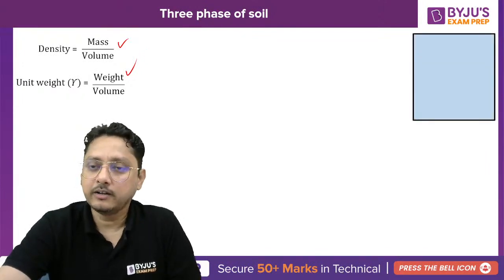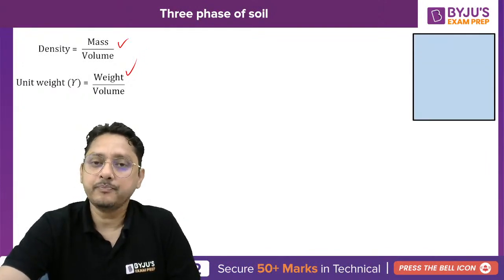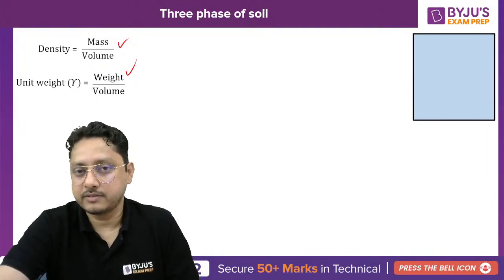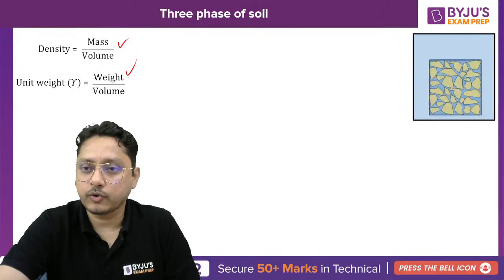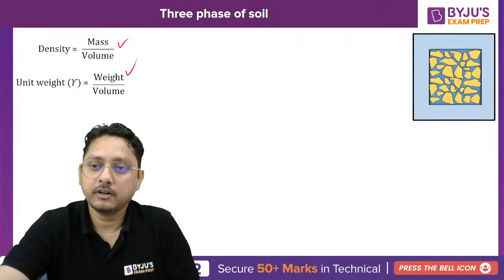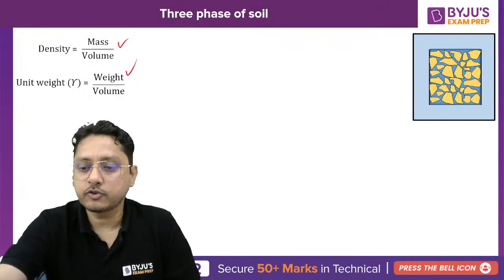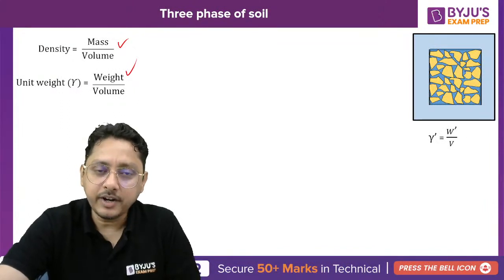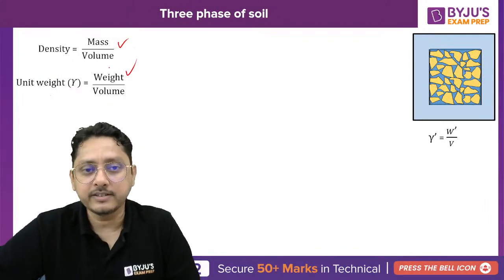Consider soil. This is a tank which is filled with water. Inside that water, if you immerse the saturated soil, what will happen? If you have saturated soil inside the water, of course, the unit weight, as I told you, is nothing but weight by volume.